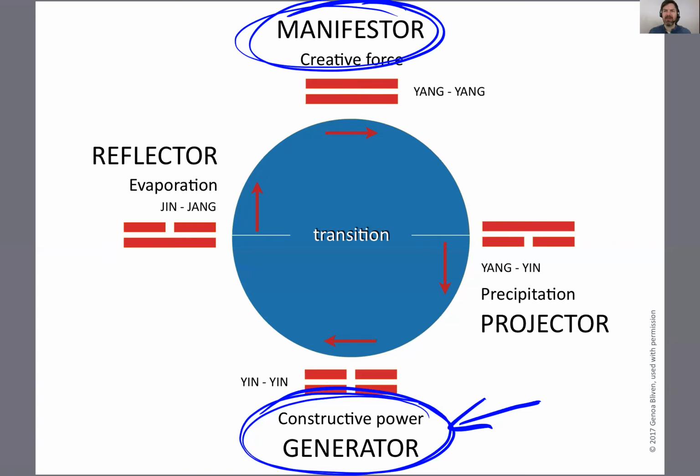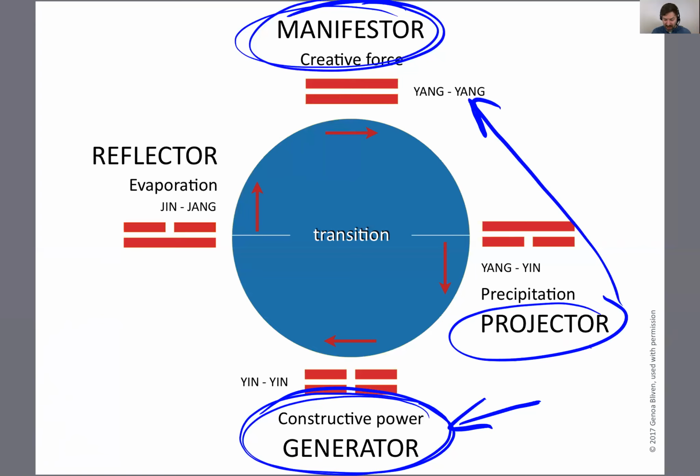Is it going to mean that if we implement this new thing, we'll actually have nothing to eat, or is it just going to be too intense or too disturbing? And projectors are here to say to a manifestor, you know, calm down a little bit, calm down. I can parcel it out in little bits so that generators can actually hear what you're saying without being disturbed too much.